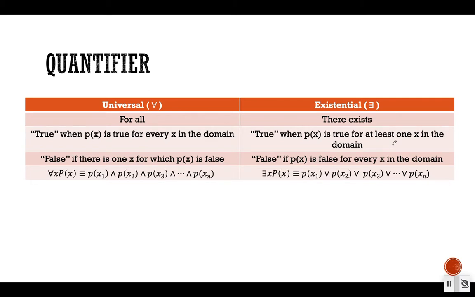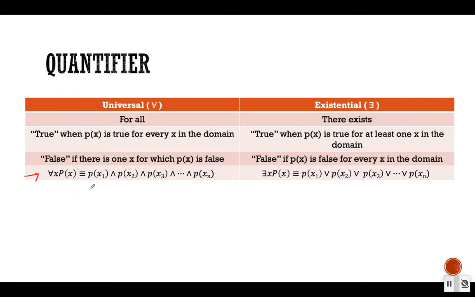The universal quantifier will become false if there is one x for which P of x is false. And the existential quantifier becomes false if P of x is false for every x in the domain. So it's the same as writing using the AND statement. These are all values in our domain: x1, x2, x3, xn.